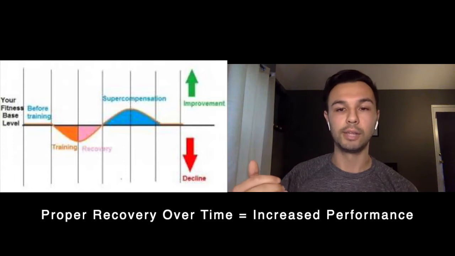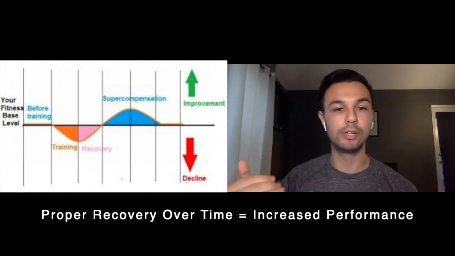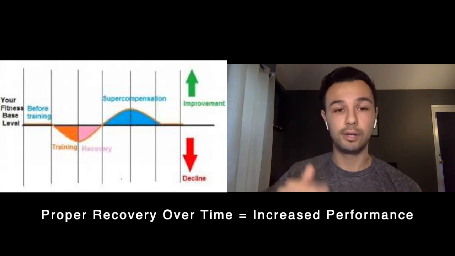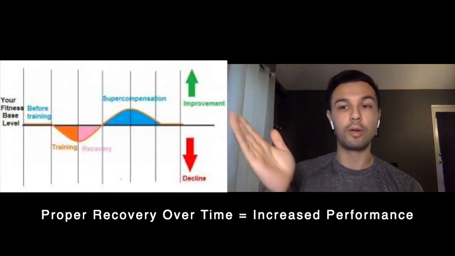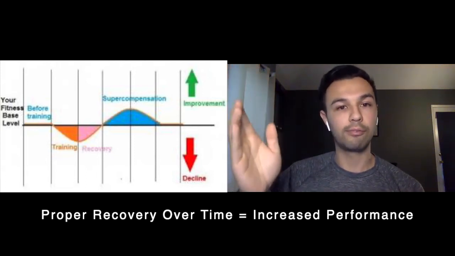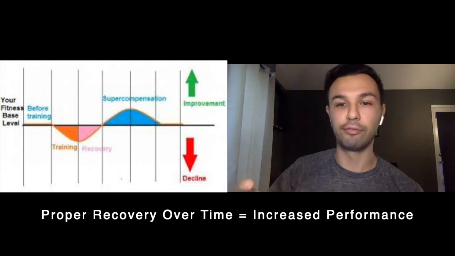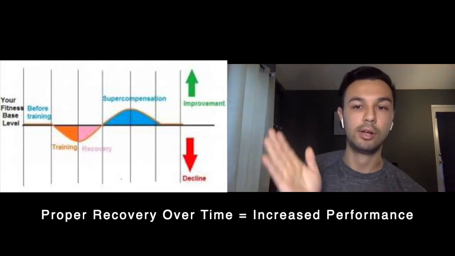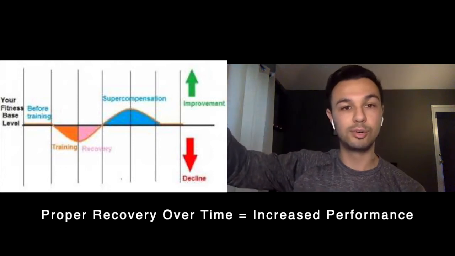So let's say that by the end of training, we reach -10 on the graph. As soon as we finish training, we start going back upwards towards 0 again. That's the part of the graph where we begin our recovery. So we go from -10 at the end of our workout, heading back towards 0.